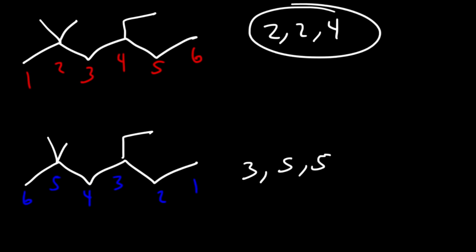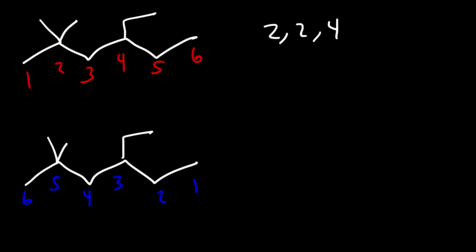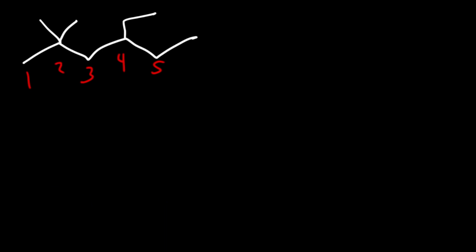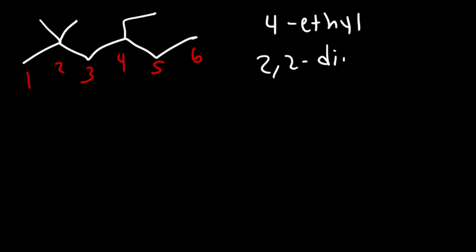So 224 is less than 355. So we want to number it from left to right. Now let's go ahead and name it. So we have an ethyl on carbon 4 and 2 methyls on carbon 2, so that's a dimethyl.